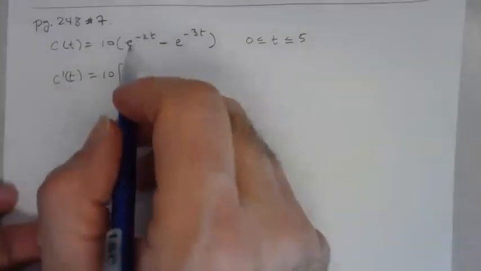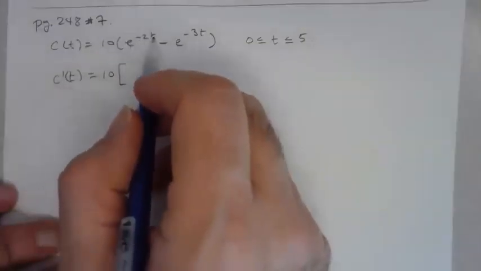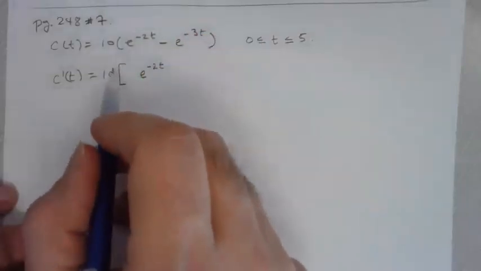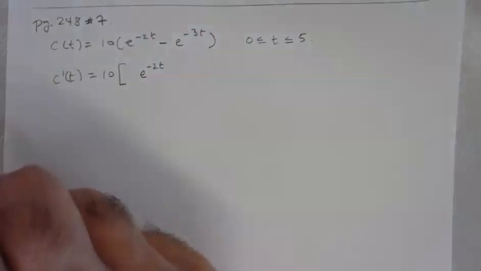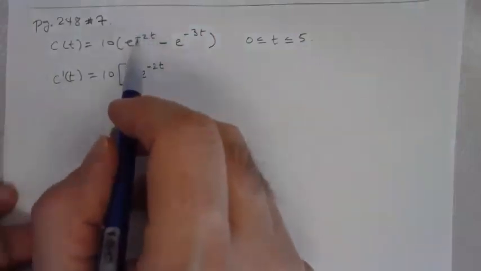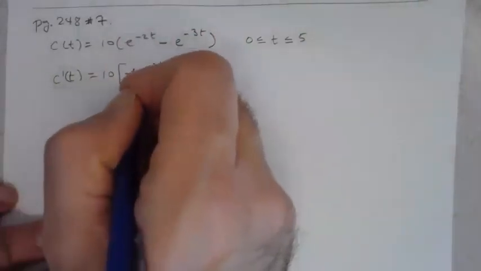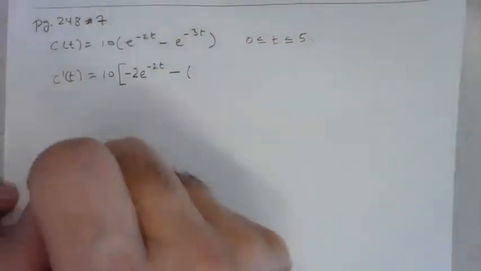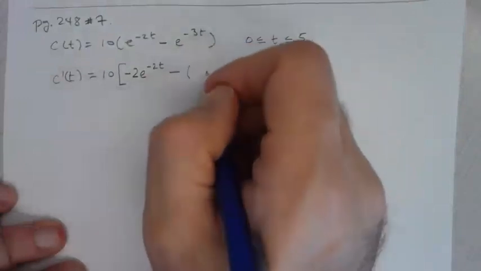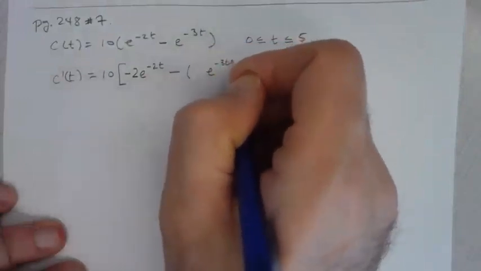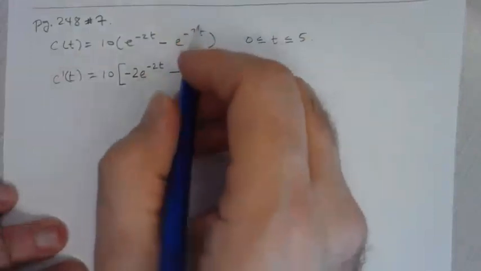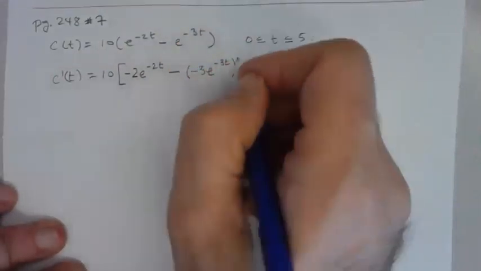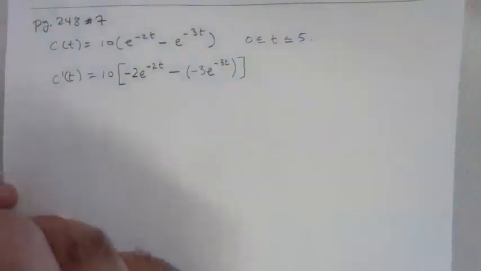The derivative of e to the negative 2t is e to the negative 2t, but knowing where this is going, I'm leaving a little room so I can put the coefficient in front, times the derivative of negative 2t, which is negative 2. Then minus, derivative of e to the negative 3t is e to the negative 3t, times the derivative of negative 3t, which is negative 3. And so there's my derivative.